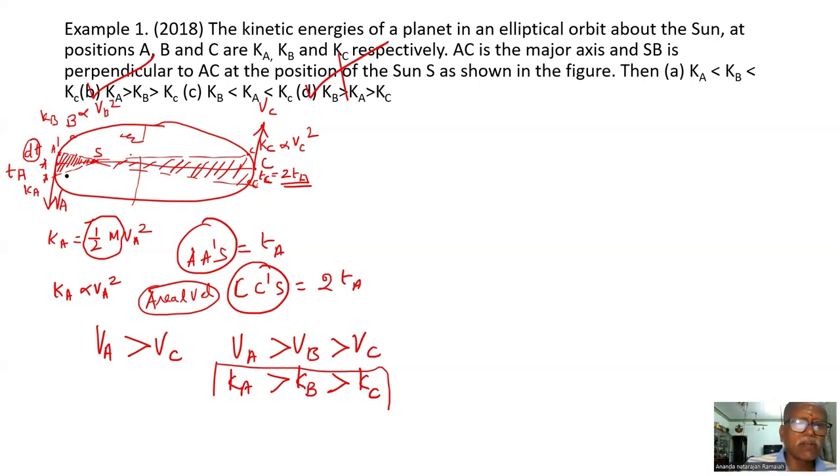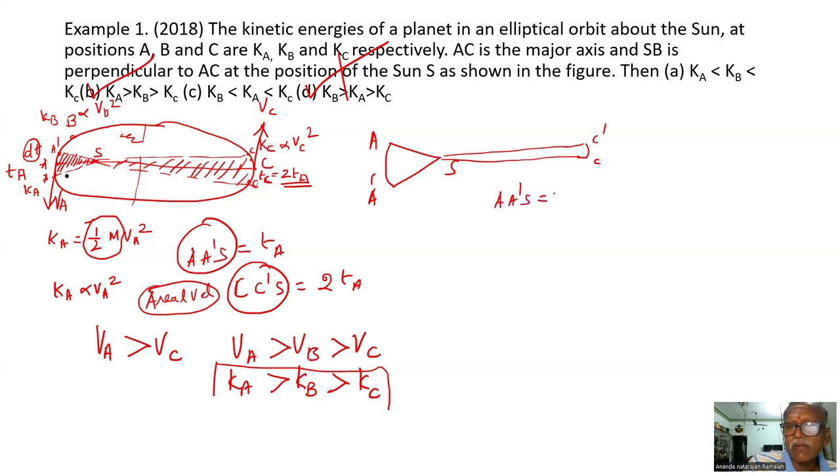Areal velocities are equal. Suppose it covers, let us assume this way, the area covered is A dash S. Here also it covers the same area, then only the area will be equal. C dash S, yes, the area is equal.